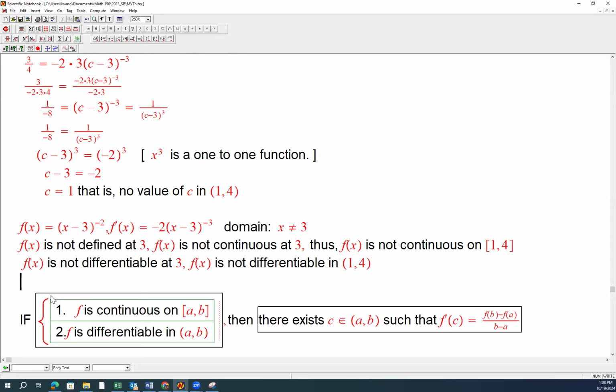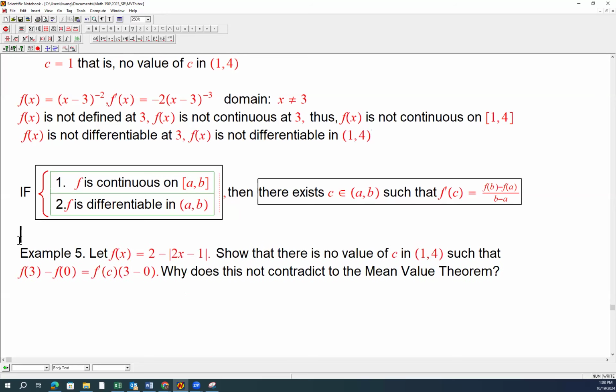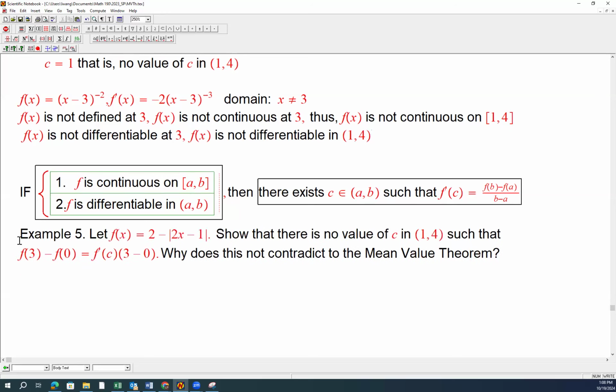The last one we have here also asks us to show that there's no value of C in 1, 4 such that the conclusion is satisfied. Why does this not contradict the mean value theorem?